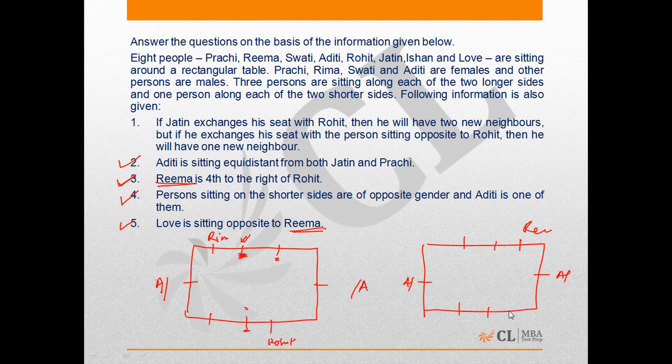In that case Rohit will be there, and the middle seats are occupied by Jatin and Prachi. Love is sitting opposite to Rima, so this position will be occupied by Love.